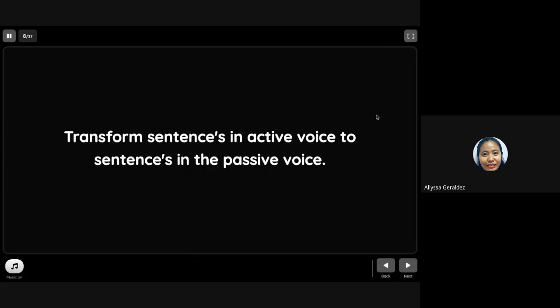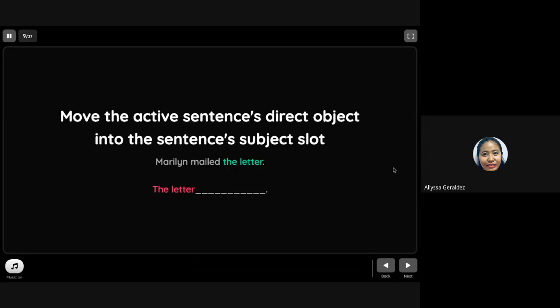Transform sentences in active voice to sentences in the passive voice. Move the active sentence's direct object into the sentence's subject slot. We have to identify the direct object. Marilyn mailed the letter.